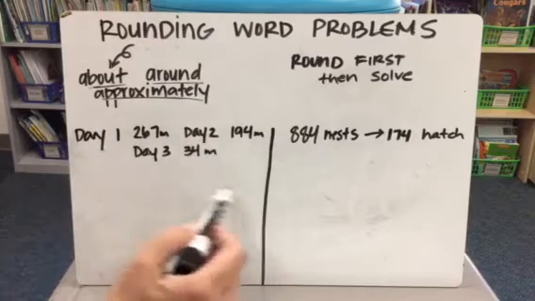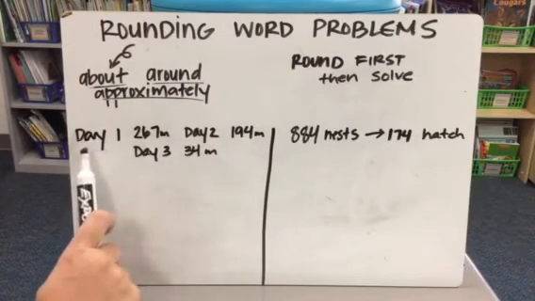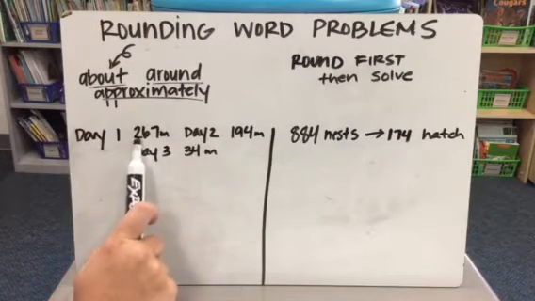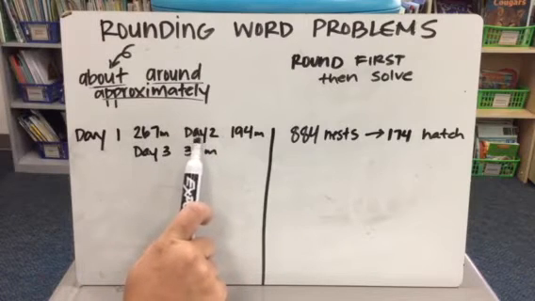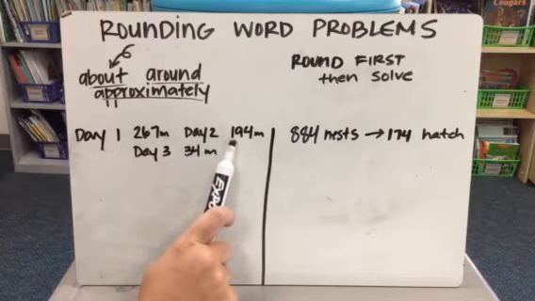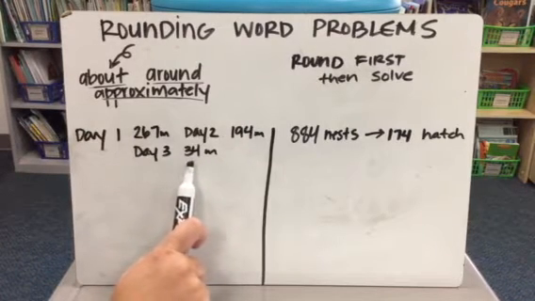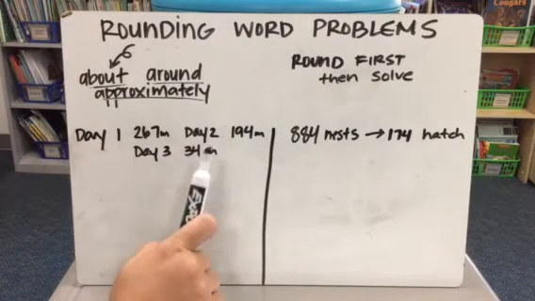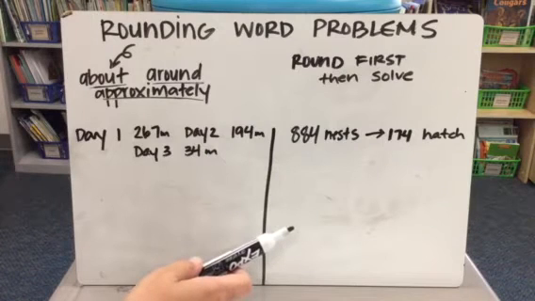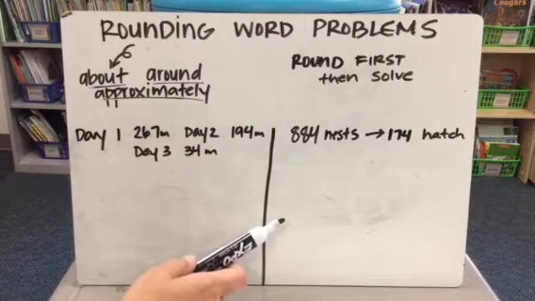So here's my first scenario. On day 1 of my vacation, I drove 267 miles. On day 2 of my vacation, I drove 194 miles. And on day 3 of my vacation, I drove 34 miles. My question is, about how many miles did I have to drive to get to my vacation destination?